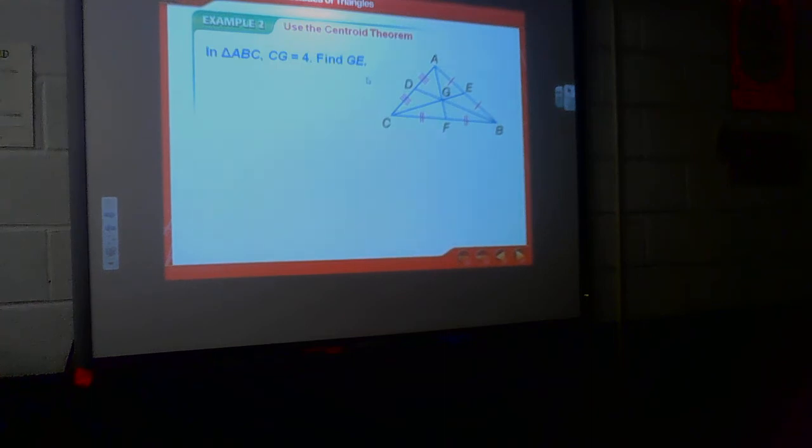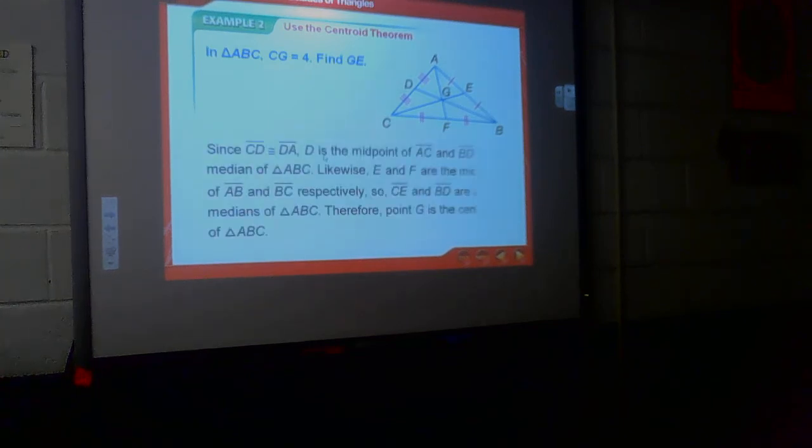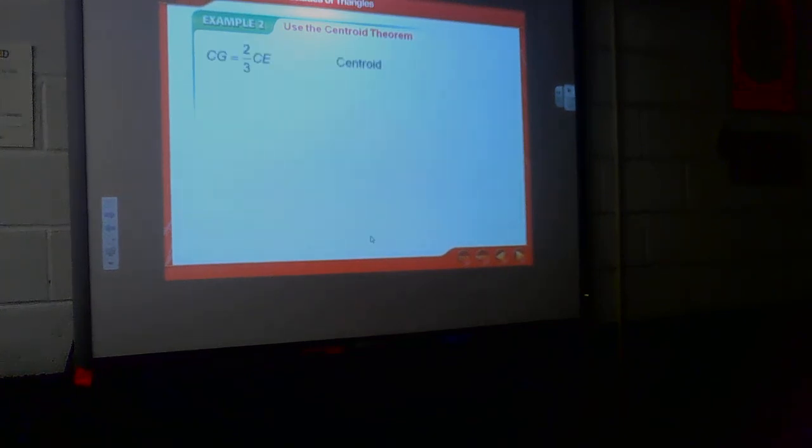So then I focus in on what they're asking me, GE. So I'm looking at this one right here. If they tell me CG is 4, what is GE? Why? 4 is 2/3 of 6. Exactly right. So, my fault.